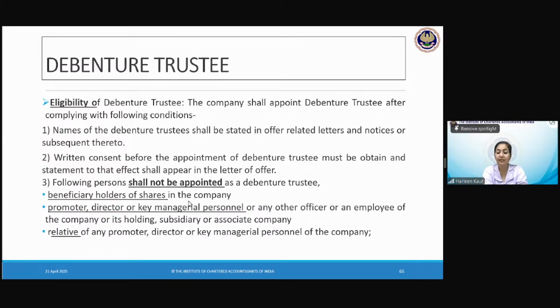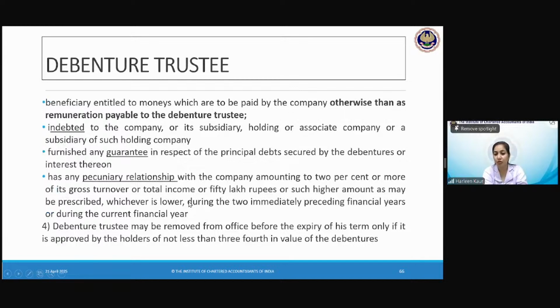If a person is having a pecuniary relationship with a company, what is the meaning of pecuniary relationship? Can anyone define the limits for me? So it is 2% of the gross turnover or total income or 50 lakhs, whichever is lower out of these three limits. In the previous lecture, I told you 50 crore is the gross turnover.